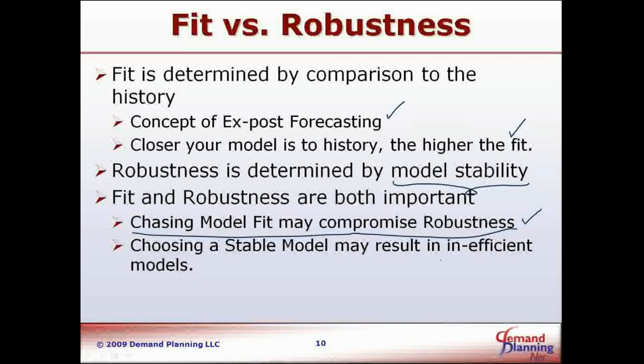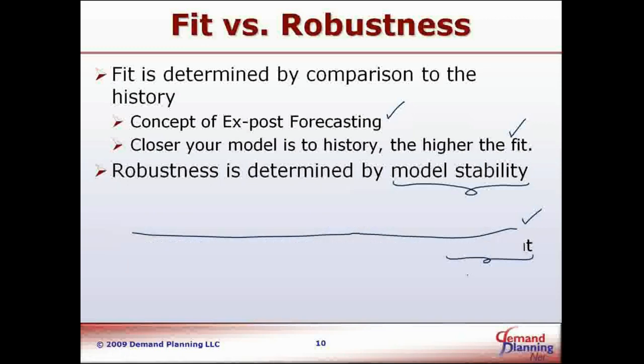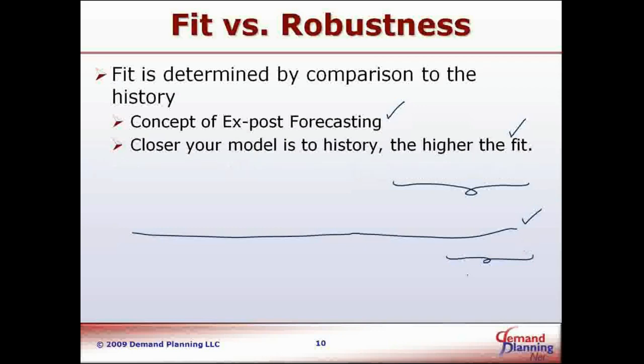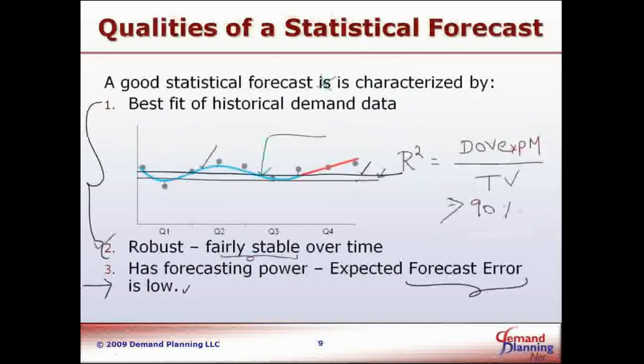So, fit versus robustness: fit is determined by comparison to the history, the concept of ex-post forecasting. The closer your model is to the history, the higher the fit, which means R squared is also higher. Robustness is determined by model stability, how stable the model is, meaning that it's not yo-yo.